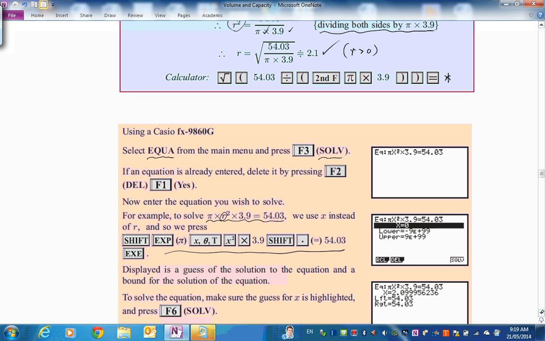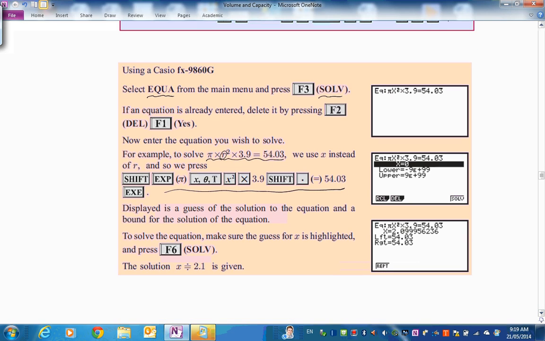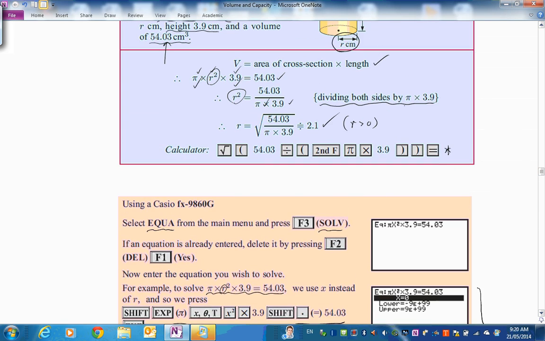Then you start with a guess of the solution and a bound for the solution. You've got to select the guess and then go to solve it and it'll give you an answer. So have a look at that, play with that. I'm not a great fan of solver on the Casio. I would like you to do it back up here by doing this simple rearrangement. I think you should be able to do that. Anyway, there's an option for you.